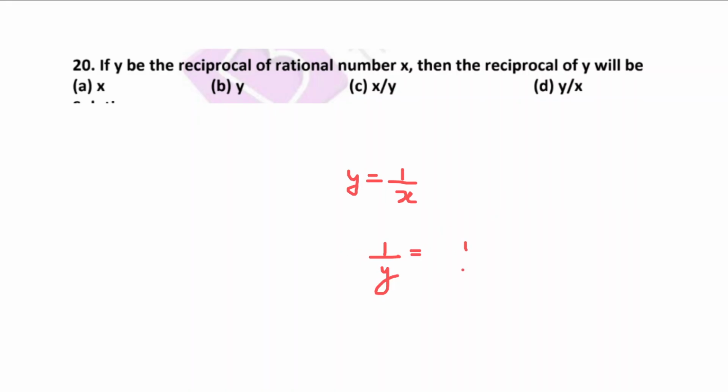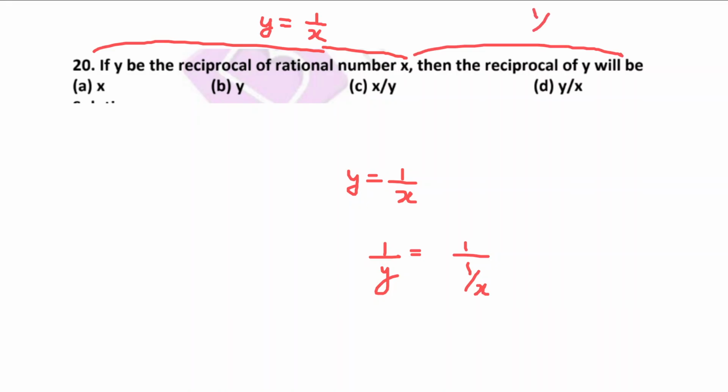Reciprocal of y is 1 by y, but y is equal to what? Y is equal to 1 by x. Y is the reciprocal of rational number x. So this statement, if we convert mathematically, we get y is equal to 1 by x. Okay, then the reciprocal of y means what?